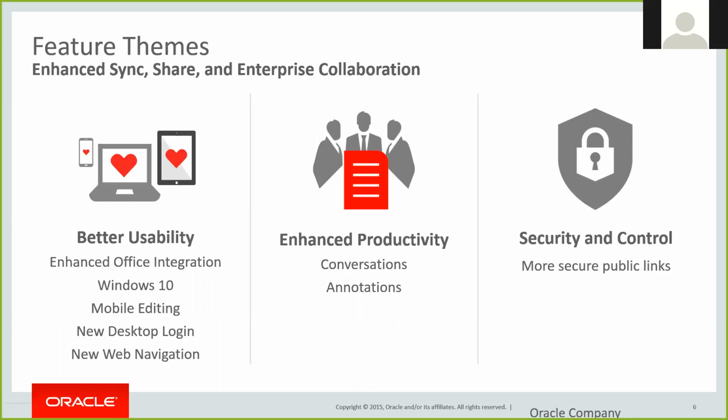They can, for example, enable public links just for the members, or set up in the administration section of Documents Cloud Service the initial role for a user, the initial capabilities for a public link. So you can start, for example, by creating a public link with the contributor option, or just with the viewer option.